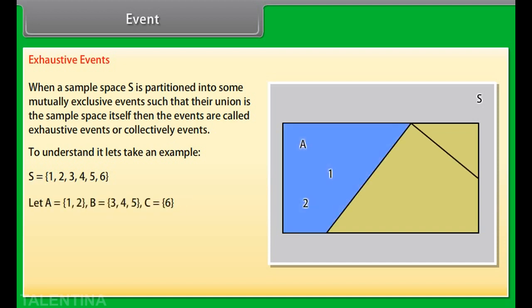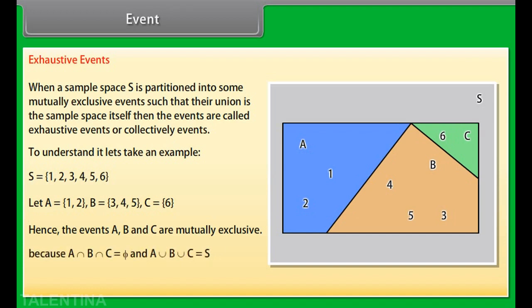Let A = {1, 2}, B = {3, 4, 5}, C = {6}. Hence the events A, B and C are mutually exclusive because A intersection B intersection C is equal to phi, and A union B union C is equal to S. So the events A, B and C are exhaustive events.